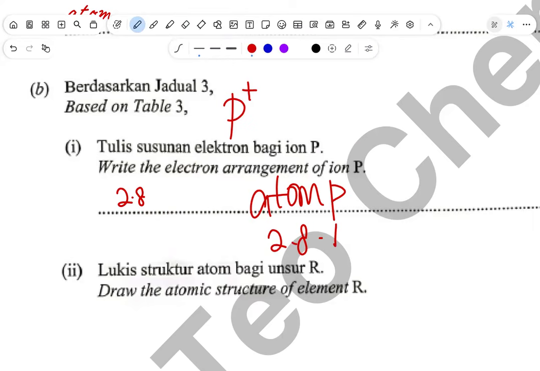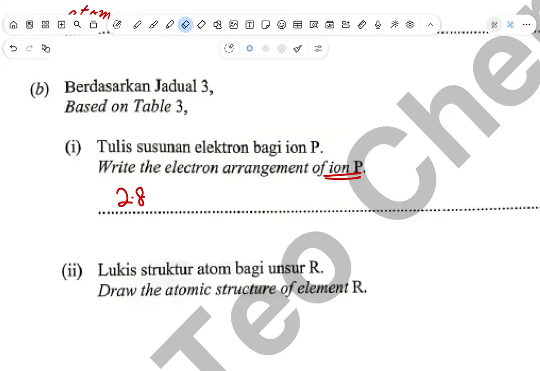Can you see? Sometimes if you are careless, you don't see the word ion, then everything is gone. So you have to be very careful with the details. Being attentive to small details is really, really important. Okay, so done.